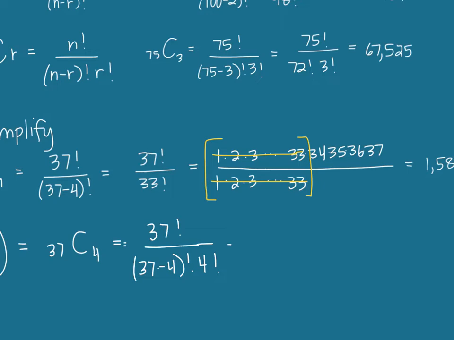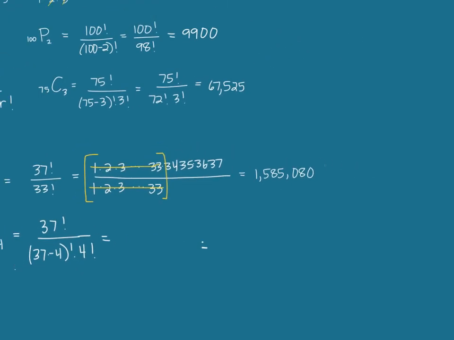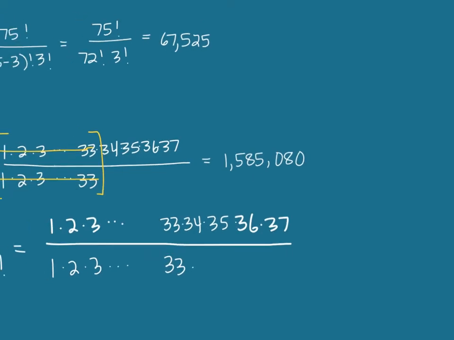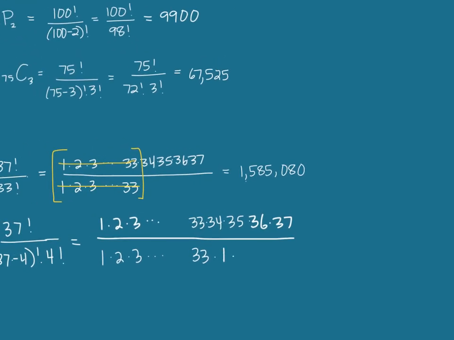These are always equal in length in terms of numerator and denominator. So my numerator is 1, 2, 3, dot, dot, dot, ending with 37, 36, 35, 34, 33, etc. And the denominator is 1, 2, 3, dot, dot, dot, ending with 33, but then starting over with 1, 2, 3, 4.